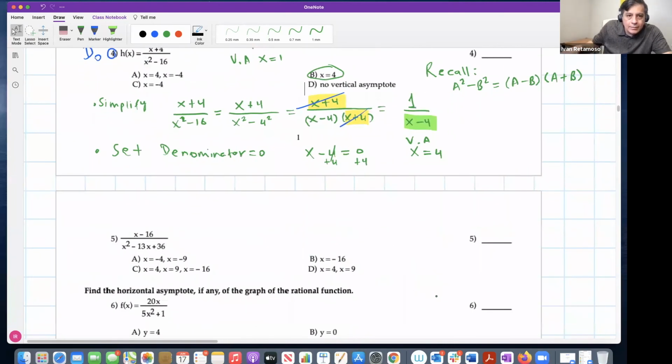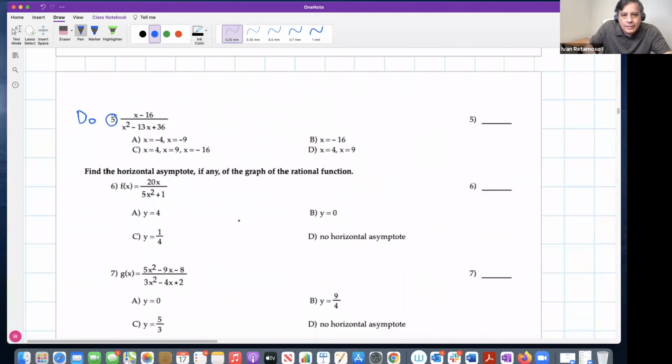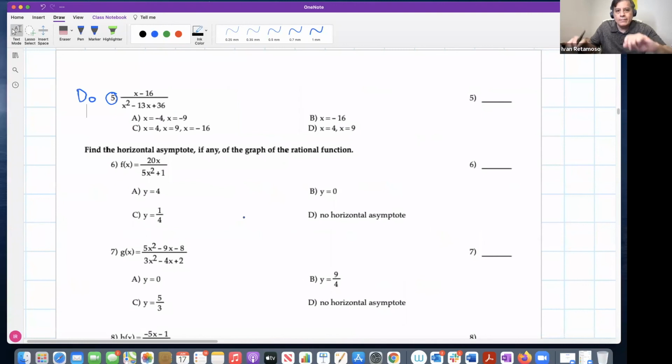There is another one here. Can you try this? And then we will take a break. So try this one, and try to remember these guys when you do your homework, okay? Great. Try this one, number 5. Tricky, tricky.